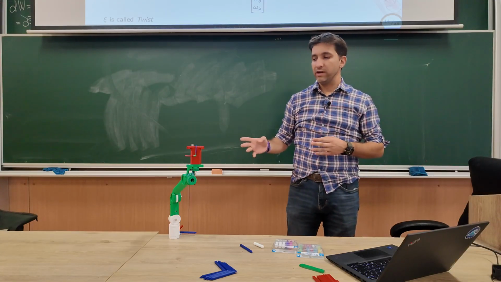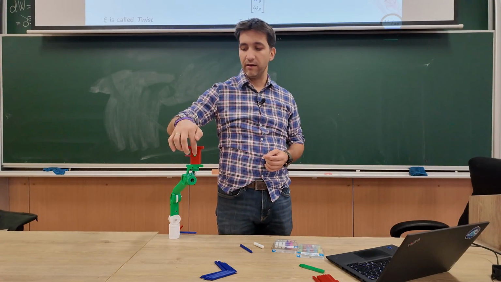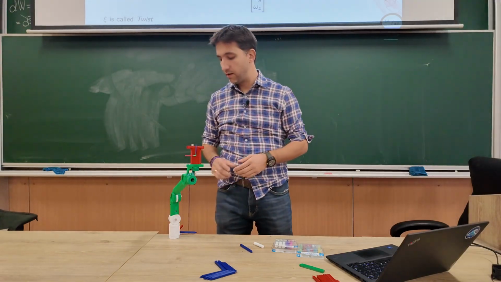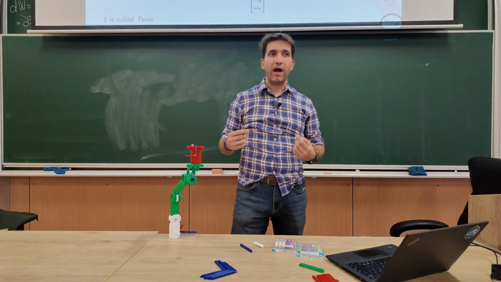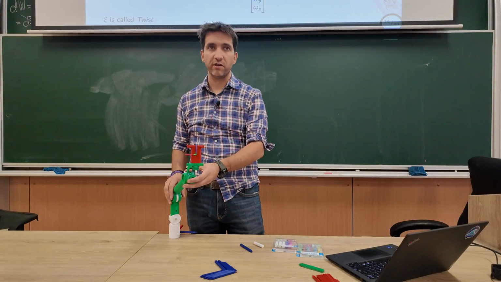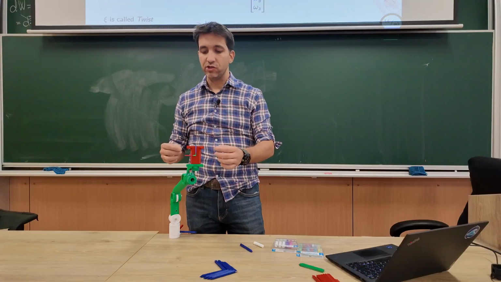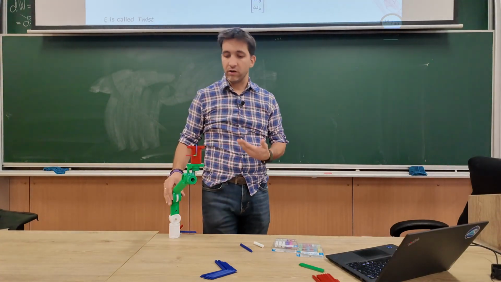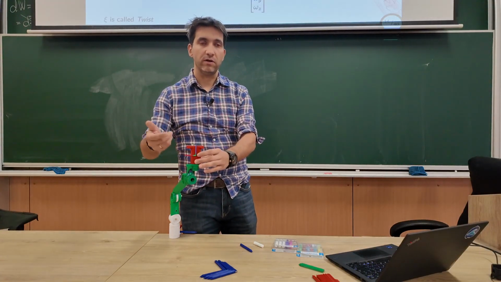So the approach that we use in order to calculate the twist of the end effector with respect to a reference frame is that we are trying to add the contribution of each joint, because these are the parts that are moving. We are adding the contribution of each joint to the end effector velocity, right? Each joint will have some contribution to the velocity, which will be a vector, right?